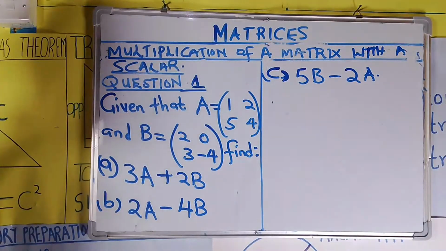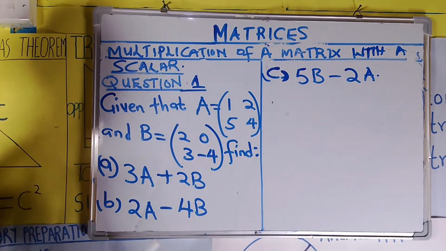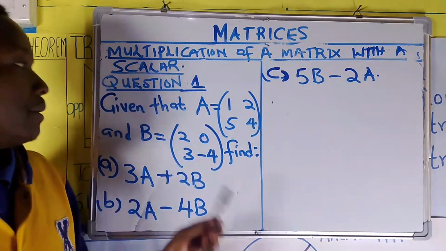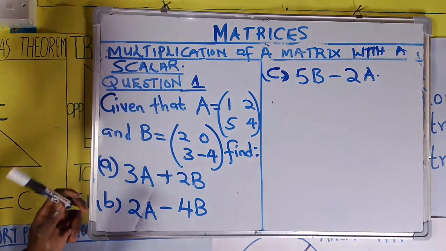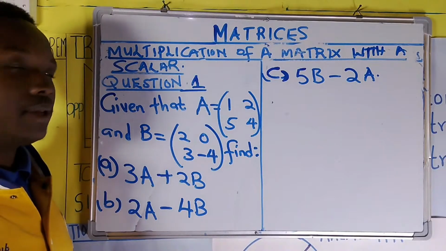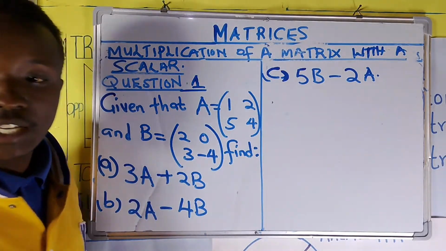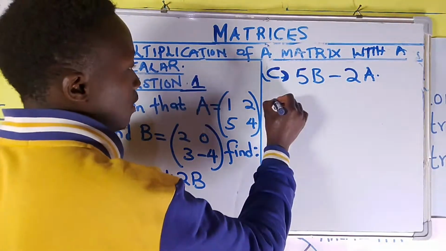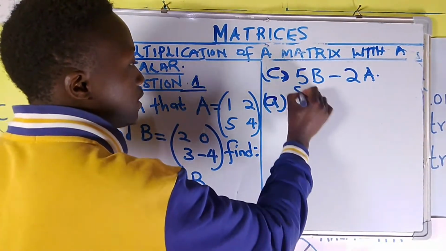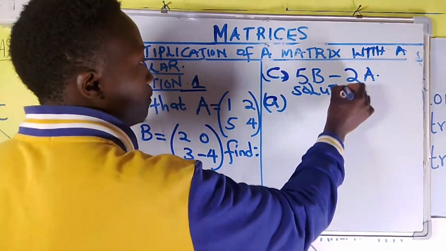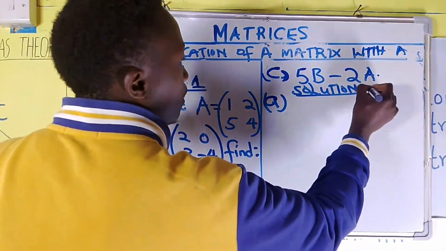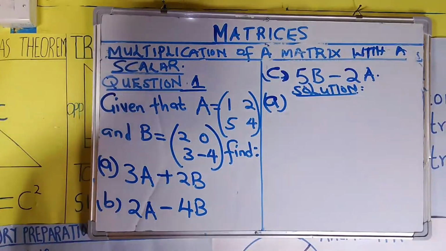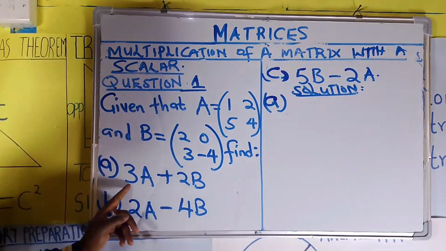For us to do A, we have already been given our matrices A and B, given that A is 1, 2, 5, 4 and B is 2, 0, 3, negative 4. So tutatafuta hii ya kwanza pamoja.